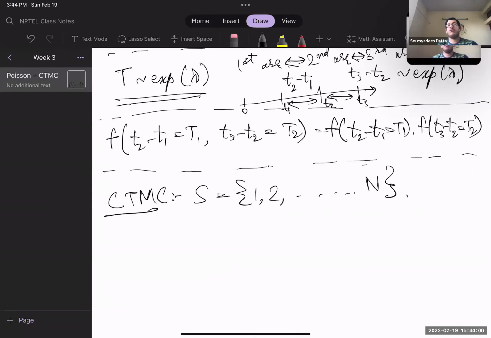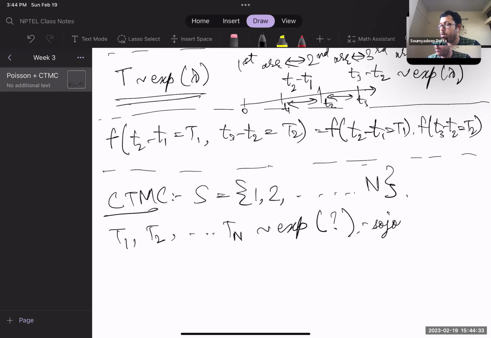The theory of continuous time Markov chains is that the amount of time you spend at any state, T1, T2, or Tn, is exponentially distributed with some parameter. The time spent in a particular state, the sojourn time as they call it, is distributed exponentially.